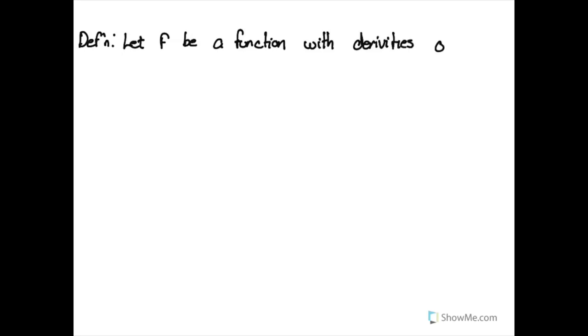I'm going to finish off by talking about Taylor series, which is a special type of power series. All right, so let me give the definition. Let f be a function, and suppose that f has derivatives of all orders at x naught, i.e., the kth derivative of f at x naught exists.